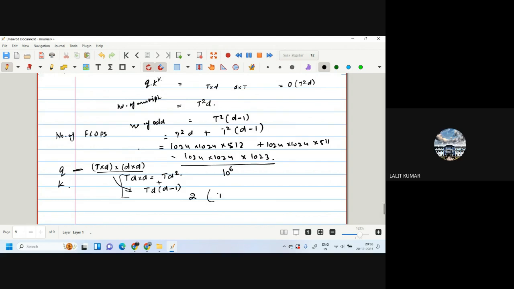So this will be TD square plus T into D minus 1. These are the number of flops for Q and K. For QK transpose we have already calculated that this is T square D plus T square D minus 1.